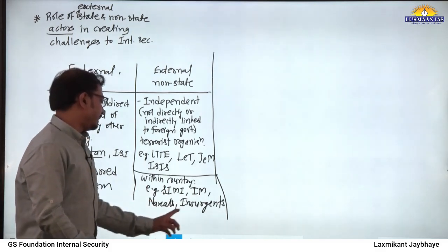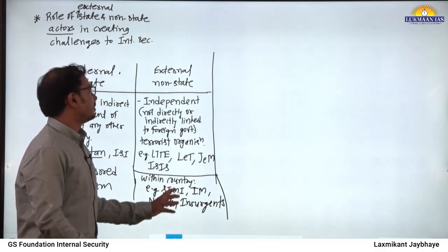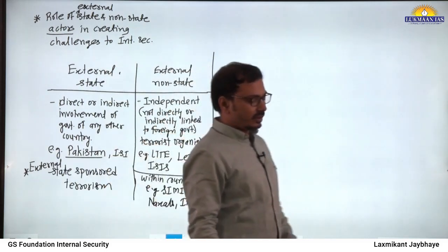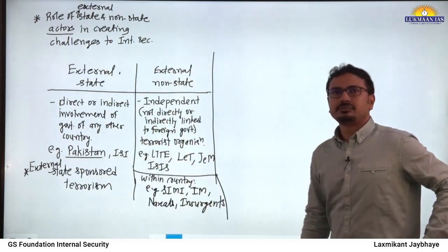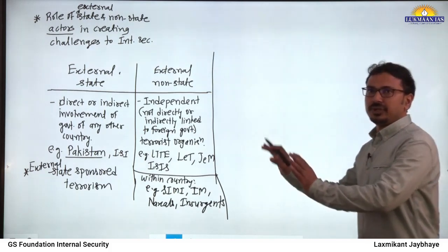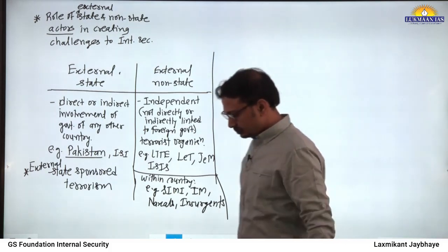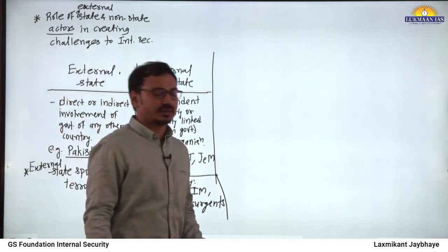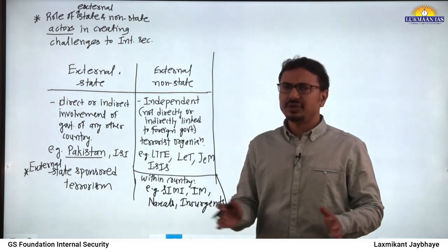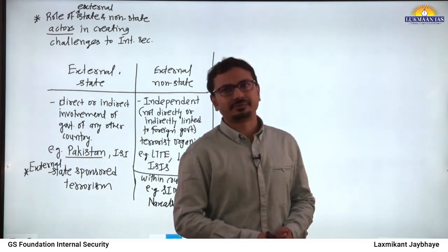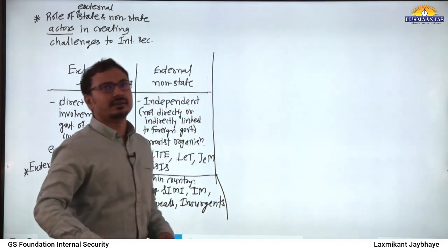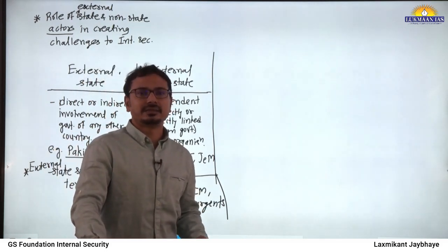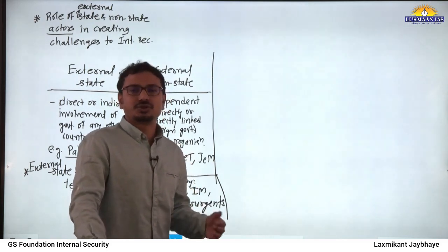So within the country, such kinds of organizations are there, non-state actors, we can say terrorist outfits or extremist outfits. Now conceptually this is what we are talking about. Now there is a concept called state sponsored terrorism. We know that India is a democratic country, and obviously the state will not carry out any kind of violence or breach the rule of law and constitutional provisions.